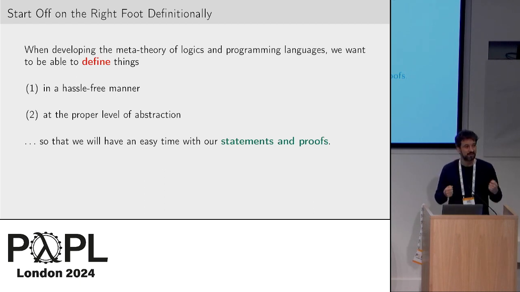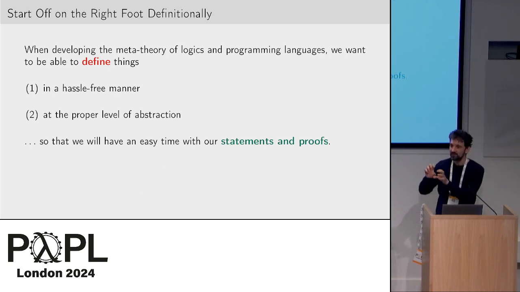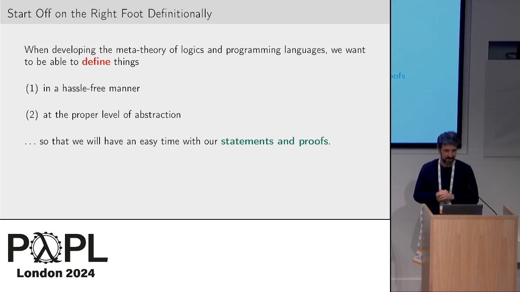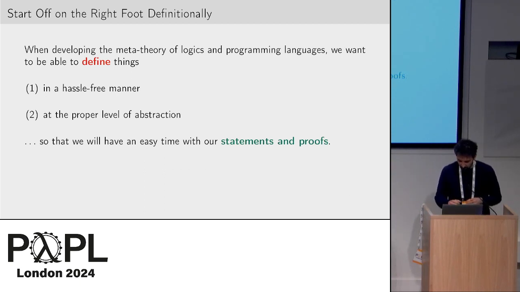So we need to get the definition at the proper level of abstraction, and ideally in a hassle-free manner. Sometimes these two goals can be a bit antagonistic, but unless we get the definition at the proper level of abstraction that matches our intuition, we're going to struggle later on when doing the proofs and when doing the interesting bits, when developing the metatheory.